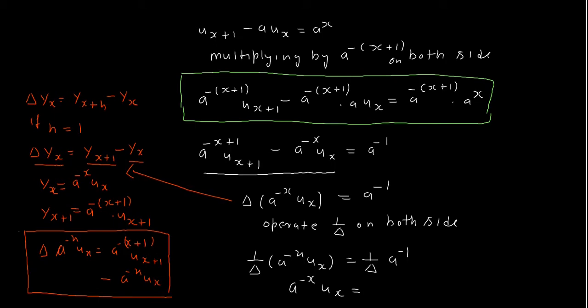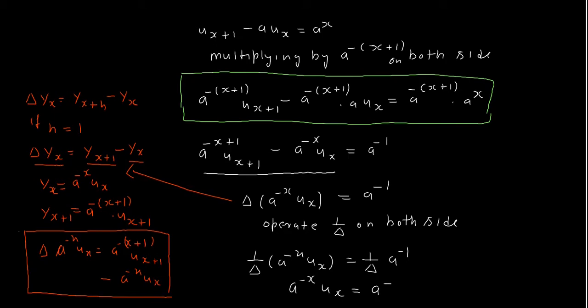Later on we will discuss factorial notation, but here this one is already in factorial notation, so 1 upon delta can be treated as an integration. So what is the value of 1 upon delta? It means one time integral value. If the independent variable is x, then what does this become?